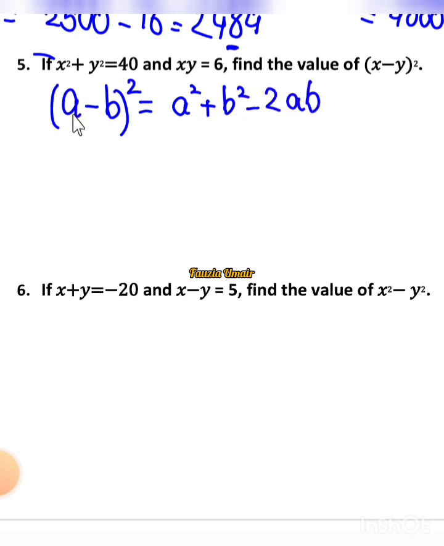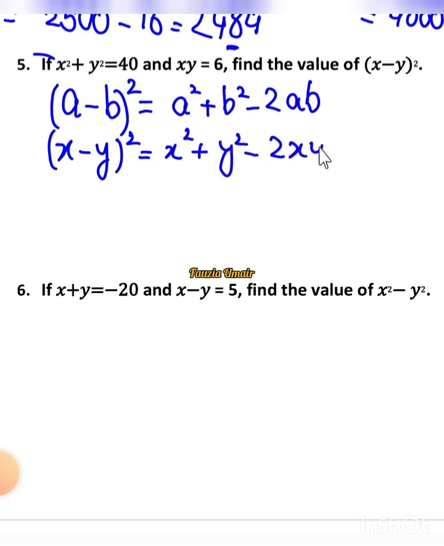So if I replace a with x, because in this question a is x, and b with y, this formula will be changed to x minus y whole square. So we are just replacing a with x, so x square, b with y, so y square, minus 2xy. So I know this value as well as this value. So the third unknown I can find easily.